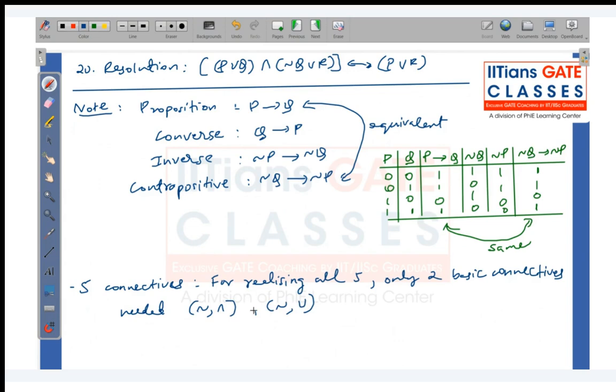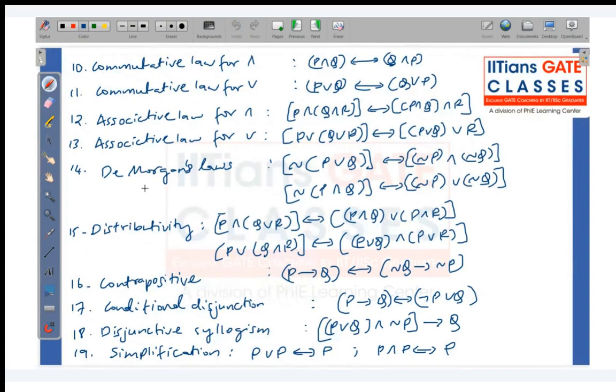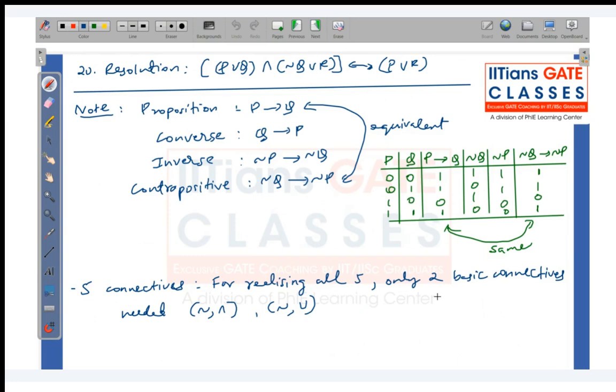You can take other combinations also, but I consider these two the basic ones. For replication, we already know the law, the conditional disjunction. For P implies Q, I can write it using negation and disjunction. Directly it's not given, but we can simplify. That's the whole point I'm trying to make with this.